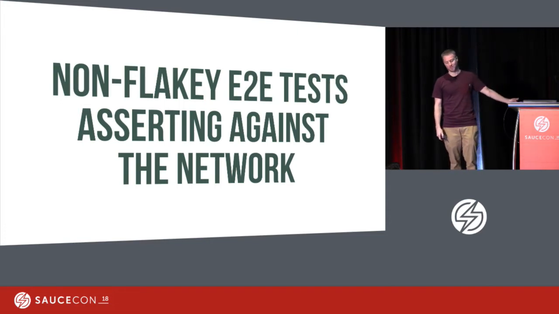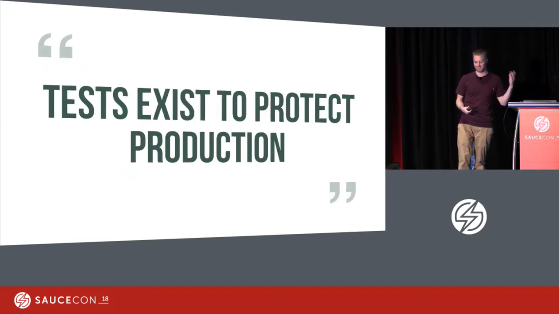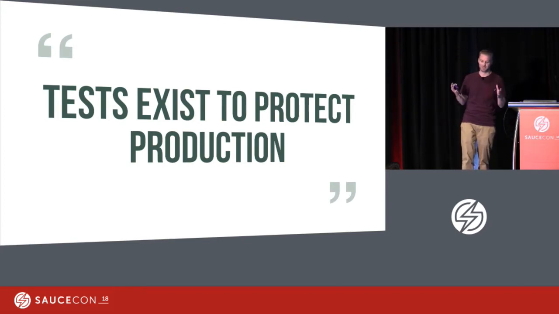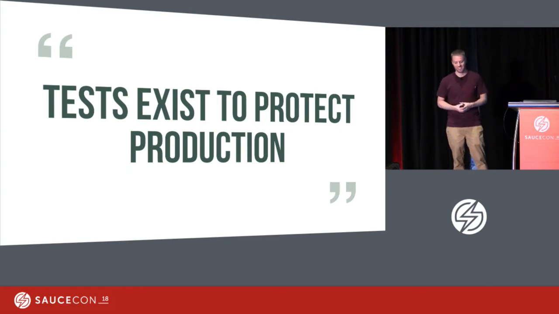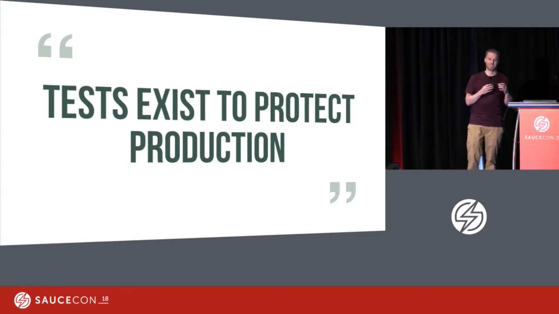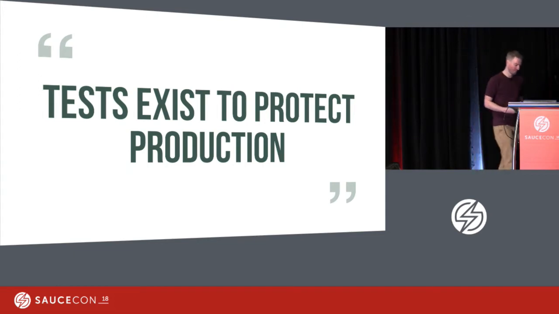And as we were going through this, my overarching theme, the thing that I was trying to go by, was that tests exist to protect production. This is always a thing that I've been led to believe, and I think it's a very good thing. But I could only really see this from the perspective of needing to do this on a pull request and stop something getting out into production.